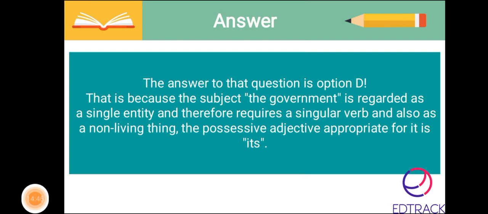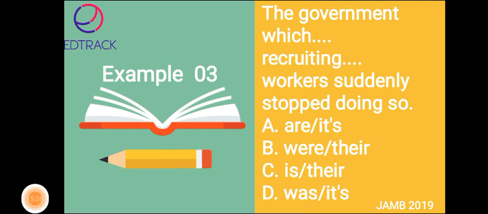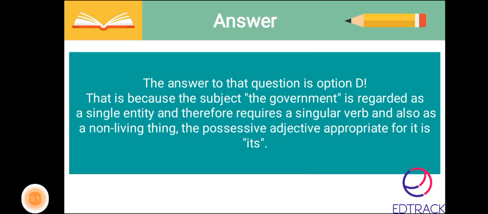So therefore it requires a singular verb, and also as a non-living thing, the possessive adjective appropriate for it is going to be its. So was and its are the words that we need to fix into those two gaps. So it will be the government which was.